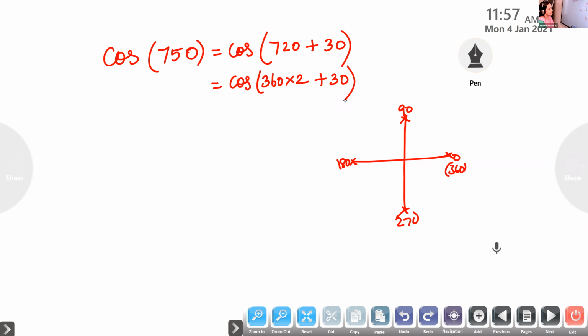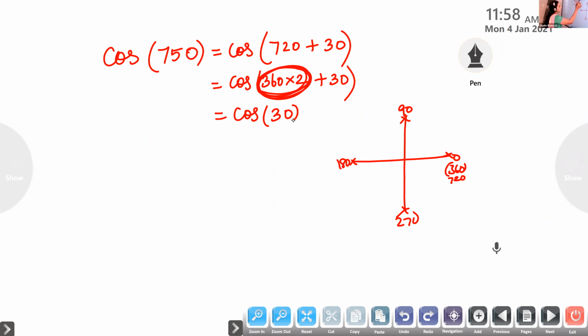Now listen, children, whenever we get multiples of 360, it will coincide with 0. Multiples of 360, 720, everything will come as 0. So this one will become 0, and it is same as cos of 30.